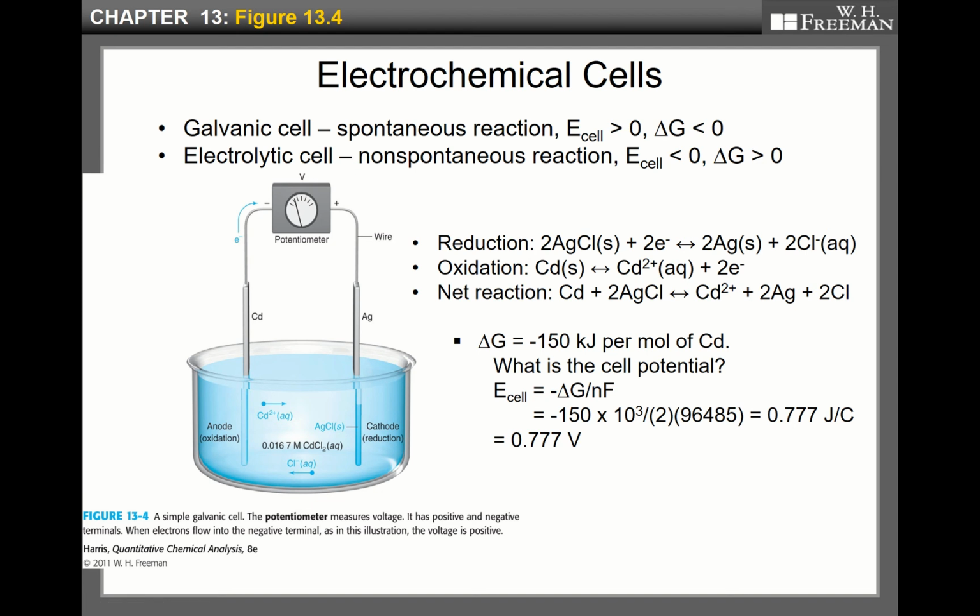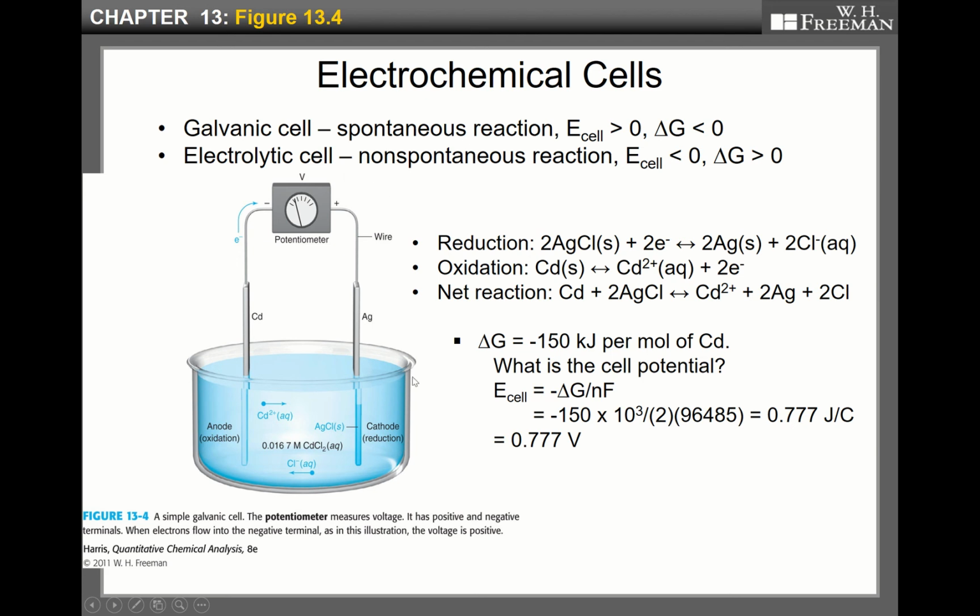For example, water electrolysis. You know that when water is electrolyzed, oxygen and hydrogen gases are evolved from water. But that reaction is not spontaneous, so you have to apply electrochemical energy. So that kind of cell is called an electrolytic cell.